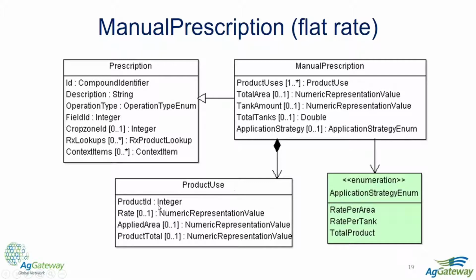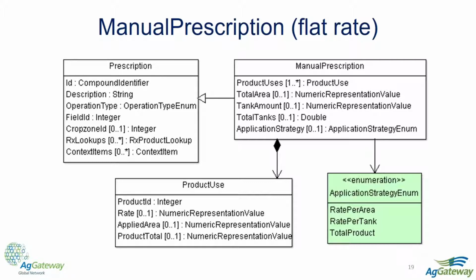Each one of these product use records identifies a product using the reference identifier of that product's compound identifier. Then it specifies the rate as a numeric representation value, which, as we've said before, is a bundling together of a value, so a number, if you will, a unit of measure that describes that value, and also the identification of the representation that underlies this.